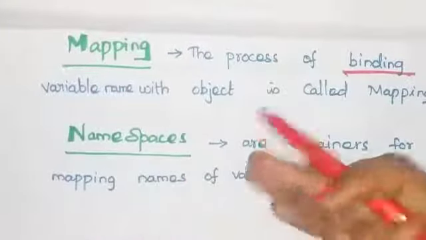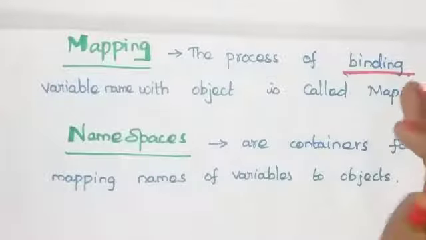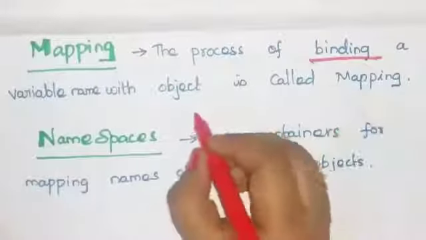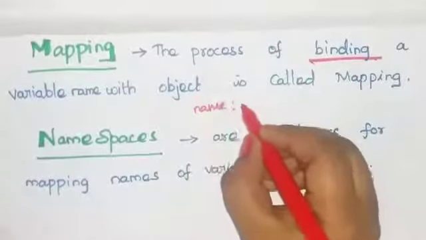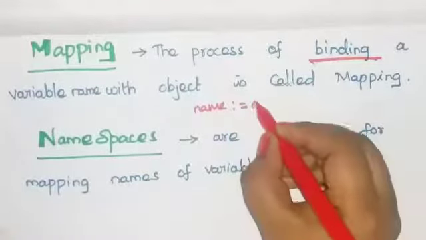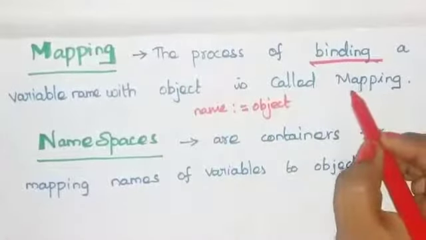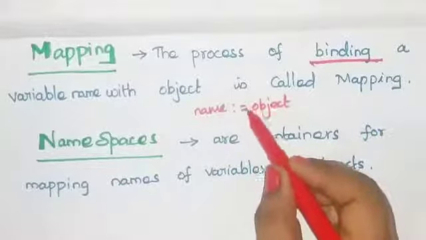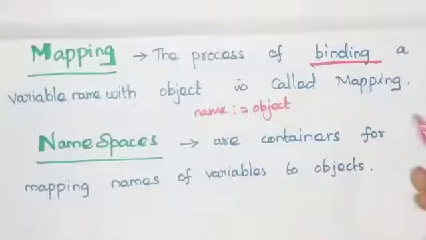For mapping we use the equal to operator. So this is called mapping.